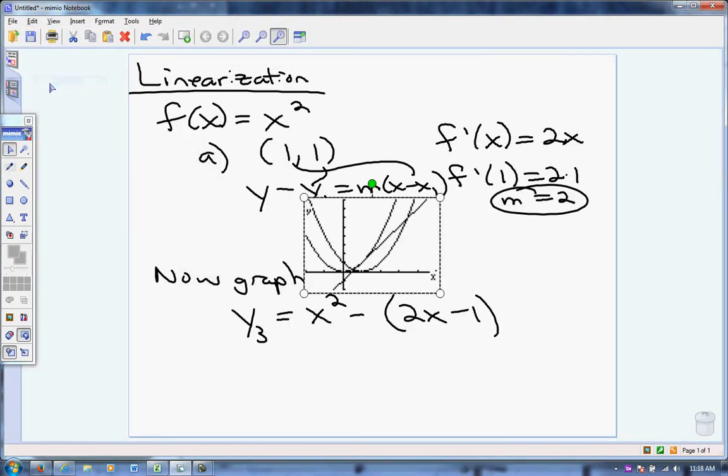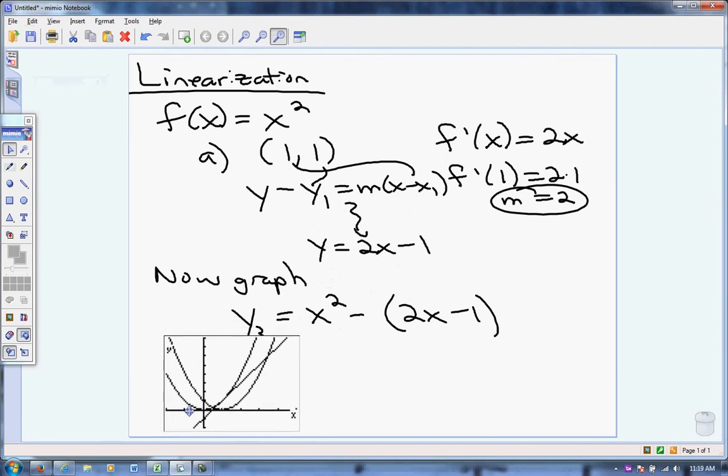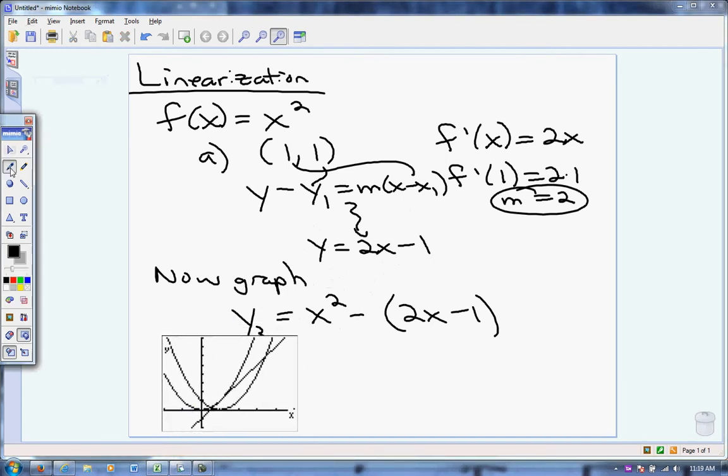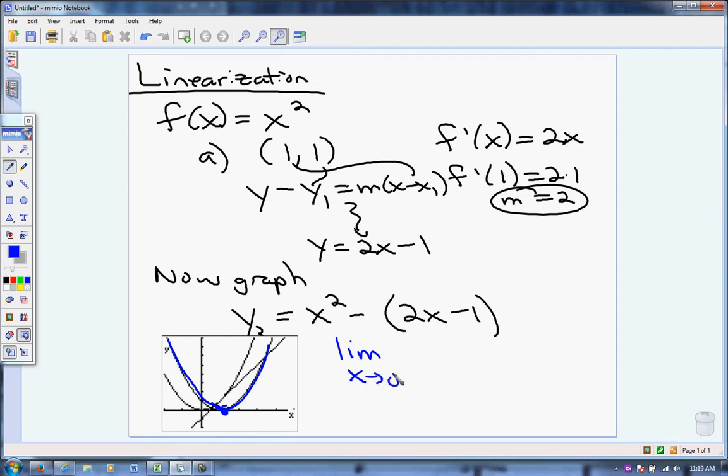If I look at this new function that I just plugged in, when I get close to 1 here, its value is 0. Why is that? Couldn't we say the limit of this thing as x approaches 1 is equal to 0? Right? Why did that happen?